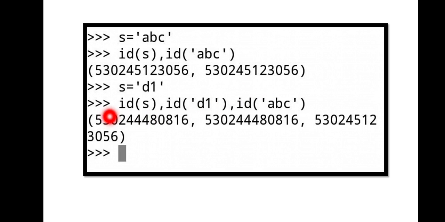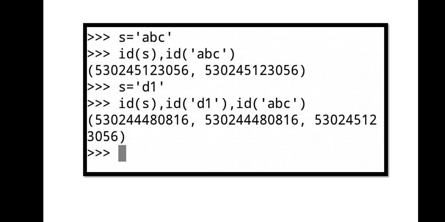When I have changed the value of s to d1, now you can see the address of s and d1 are the same, but the address of abc is different. So when we have changed the value of s, its address has changed. That means immutable data types do not change the value in the same memory location. That memory location will be storing the original value, right?